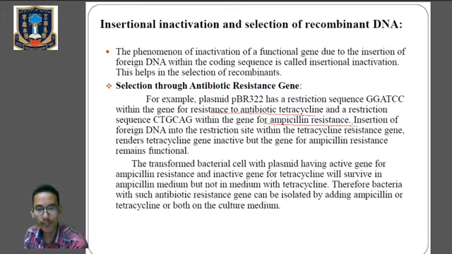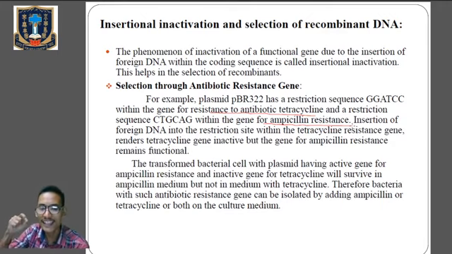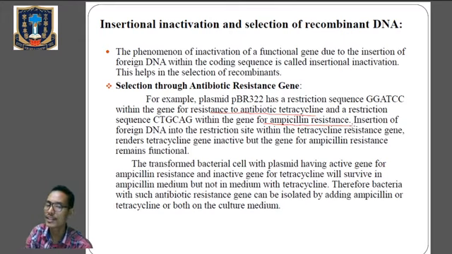Now, how can we differentiate between the recombinant and the non-recombinant one? The transformed bacterial cells with plasmids having the active gene for ampicillin resistance and inactive gene for tetracycline resistance will survive in ampicillin medium but not in medium with tetracycline.